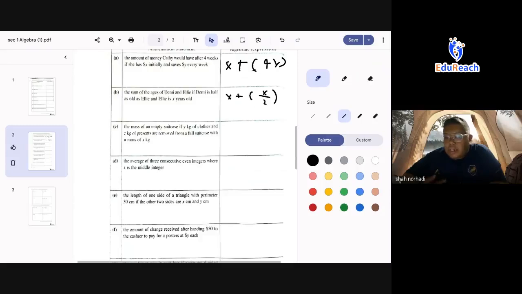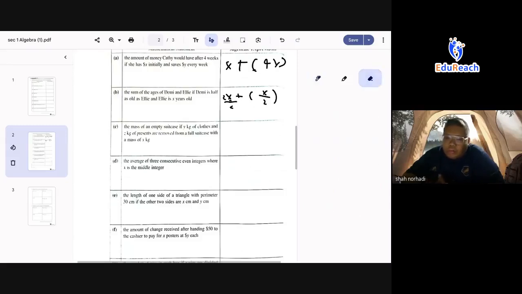How do we simplify? Because we are adding, right? So you see one fraction, the other one is a whole number. x is a whole number. So what can we do? We can make them have the same denominator. Can we do that? Further simplify it. x over 1. So it's 2x over 2. Good.